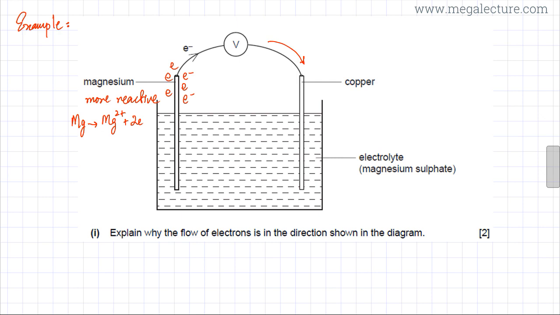So the answer to the question, explain why the flow of electrons is in the direction shown: electrons in an electrochemical cell flow from the more reactive metal to the less reactive metal.